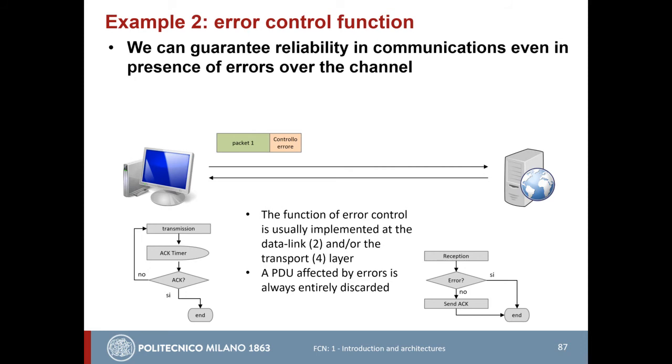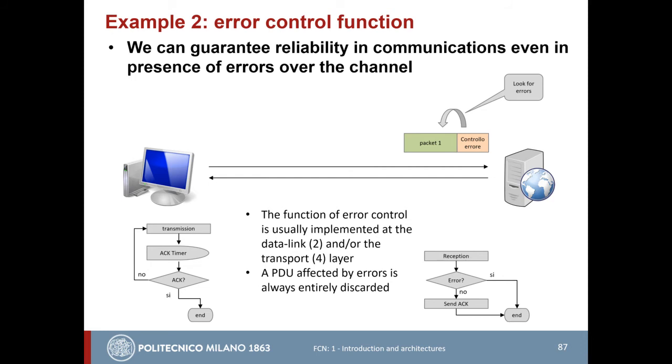If the packet is not error-free, so if there is an error, usually you don't try to correct the error. The receiver drops the packet, and the packet must be transmitted again. This is the simplest way to perform error checking. So the packet arrives. If the packet is correct, so no error has occurred, then the packet can be sent to the upper layers, to the layers above, inside the receiver.